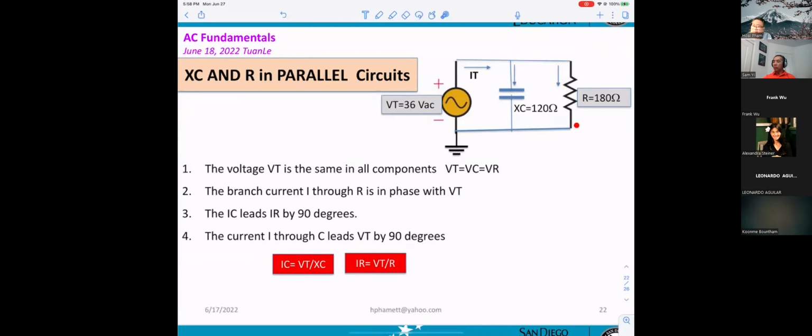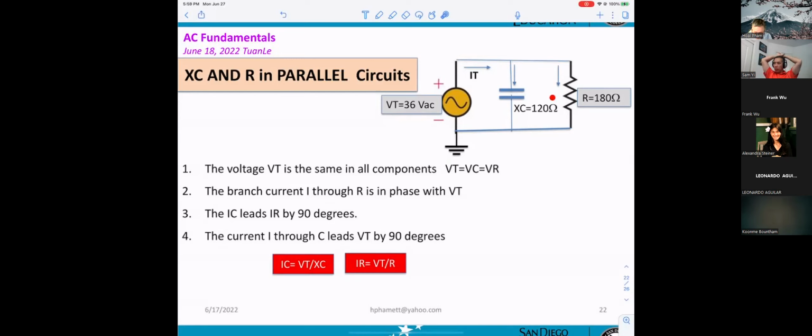One thing you understand: the voltage across VC, VR, V total is the same voltage. Okay, that's the same voltage. The only difference will be IC and IR, which are different.